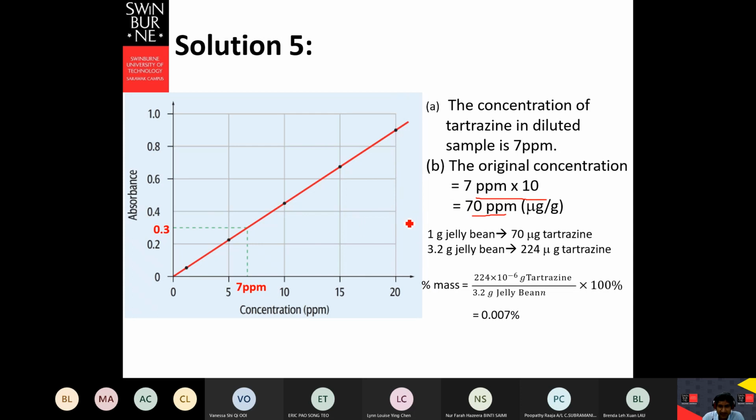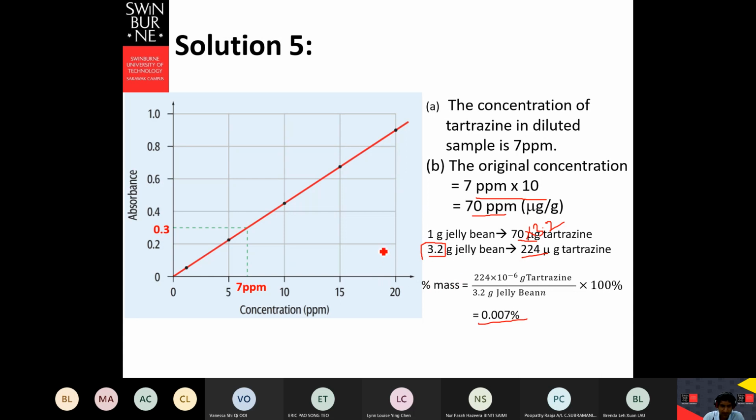So 1 gram of jelly bean has 70 microgram of tartrazine. So 3.2 gram of jelly beans will be how many microgram? That is 70 times 3.2, so it is giving us 224 microgram of tartrazine, which is a mass percentage of 0.007.